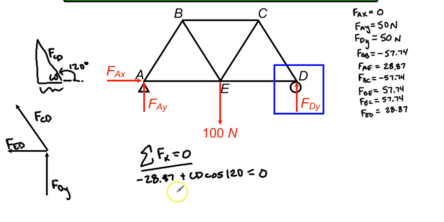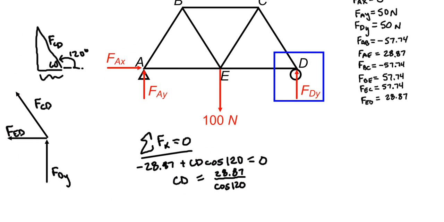Move this over. CD is actually going to be equal to a positive 28.87 when we add to both sides. And then we got to divide by cosine of 120. So we plug that into our calculator, and we end up with CD is equal to negative 57.74.